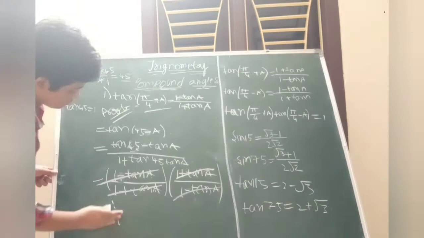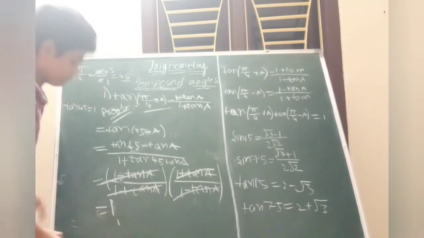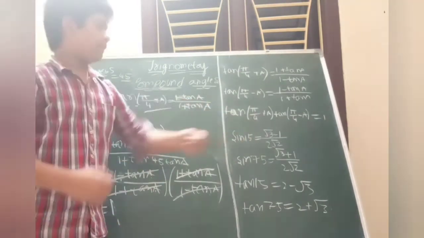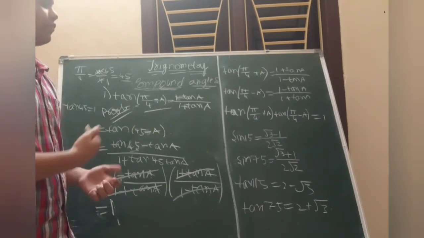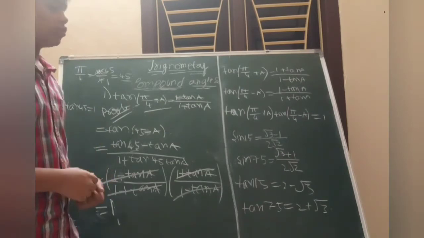So the value of tan pi by 4 plus A into tan pi by 4 minus A is equal to 1.